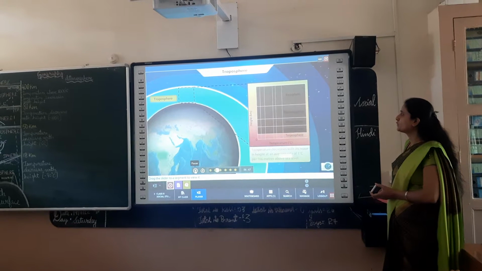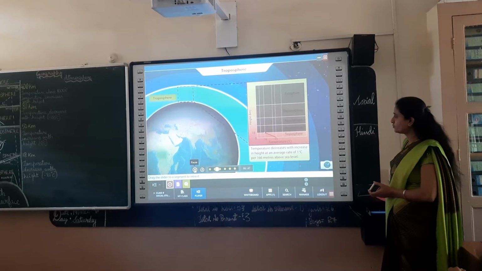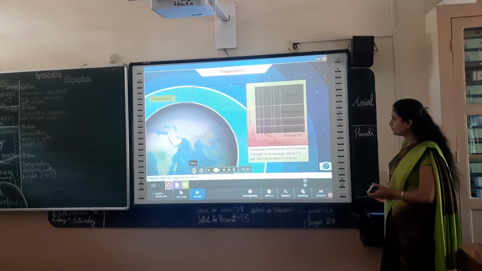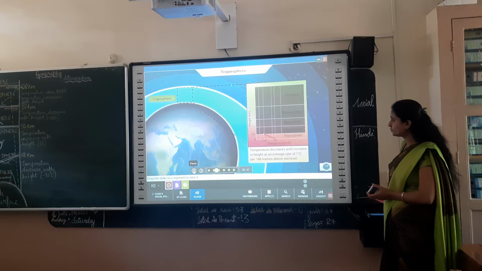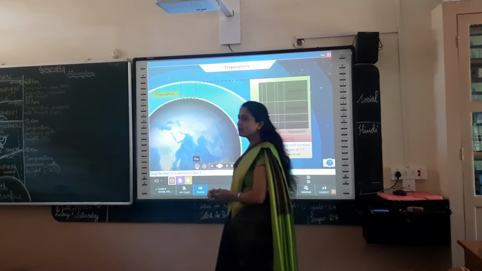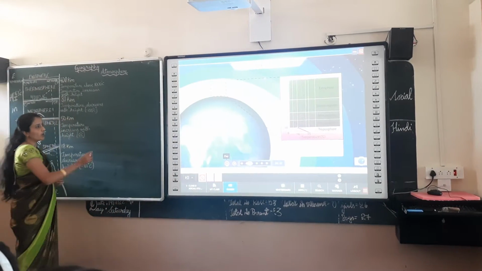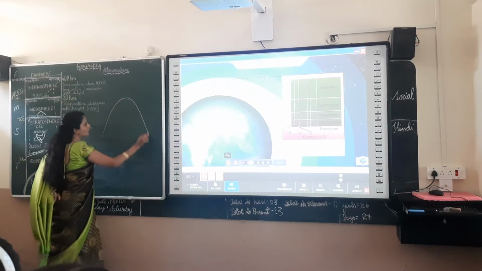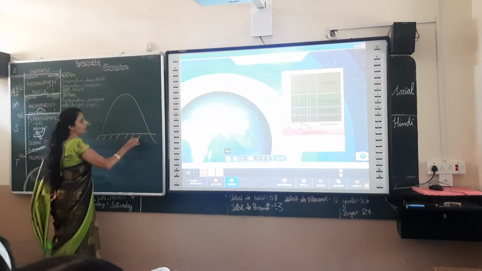In the troposphere, the temperature decreases with the increase in height at the average rate of 1 degree Celsius per 166 meters above sea level. See, here is a concept. This climatic condition we can notice in the troposphere. We can understand it by one example.